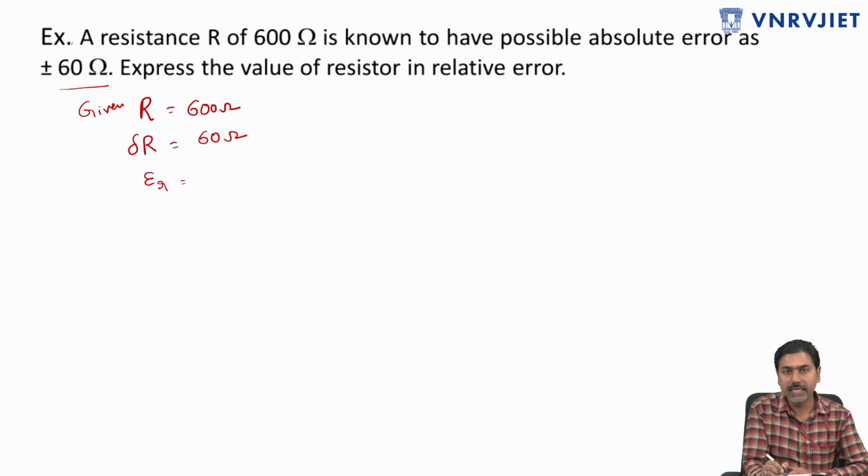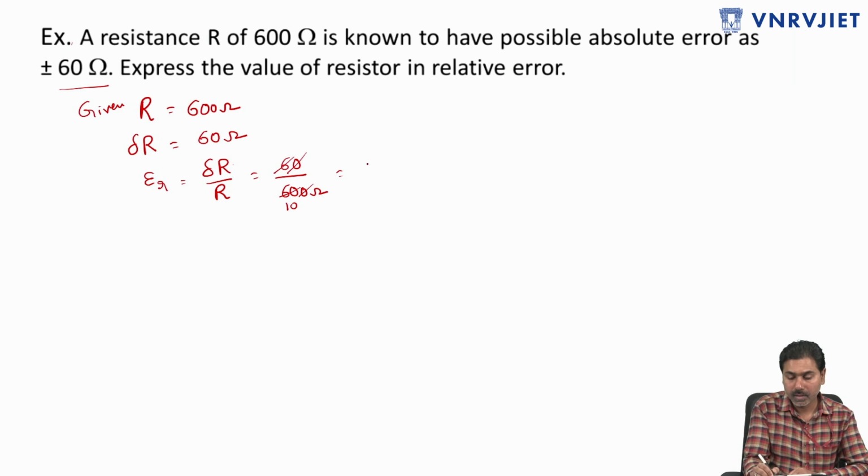This is basically expressed in percentage. We can express this as delta R by R, which is equal to 60 ohm by 600 ohm. Therefore, after cancelling zeros, it is 1 by 10, that is 0.1.